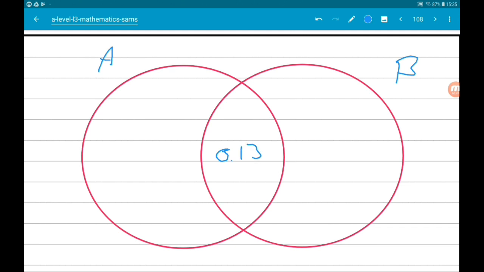Now the probability of A altogether is 0.35, so the probability of just A without B is 0.35 minus 0.13, which is 0.22. And the probability of just B is going to be 0.45 minus 0.13, which is 0.32.